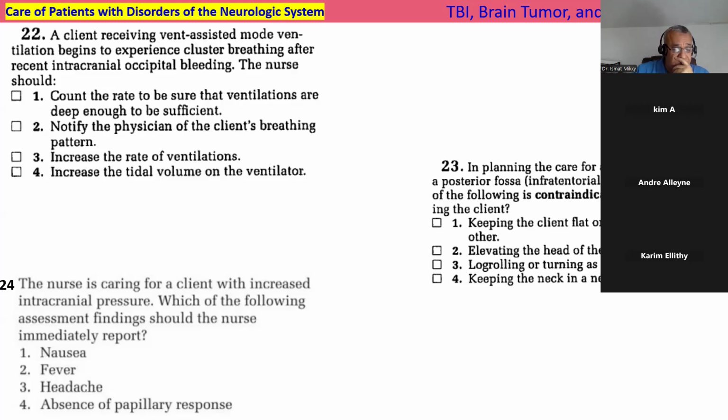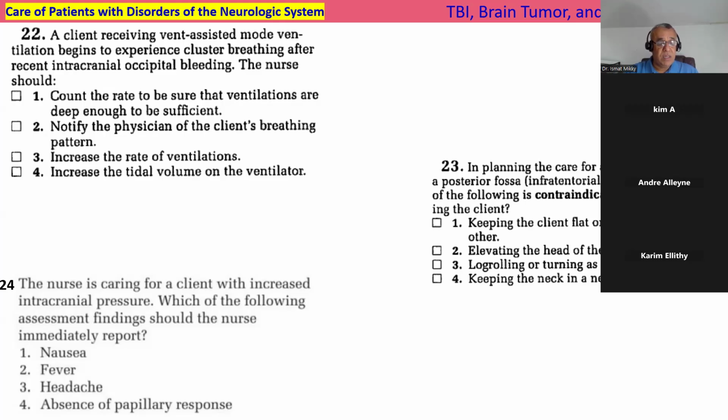So number 24, the nurse is caring for a client with increased ICP. Which of the following assessment findings should the nurse immediately report? This sign is an ominous sign of increased ICP.